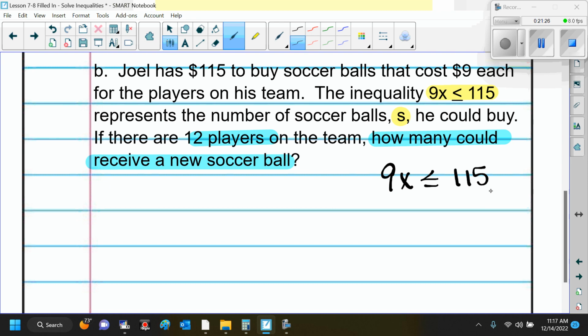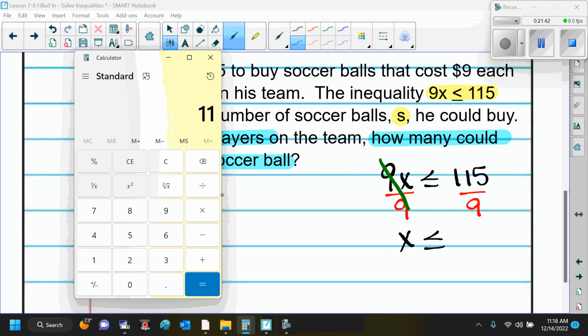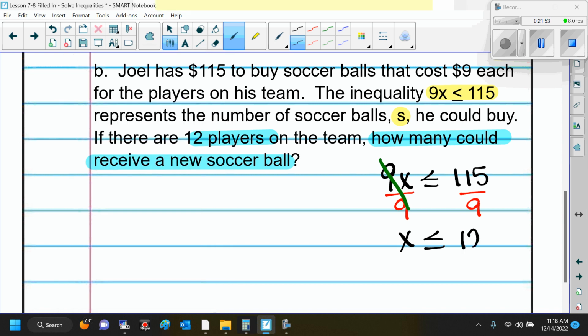You with me? Now, to get the x by itself, we're going to divide by 9 on both sides. So here, those 9s cancel, and x is less than or equal to 115 divided by 9, which is 12.7 repeating.